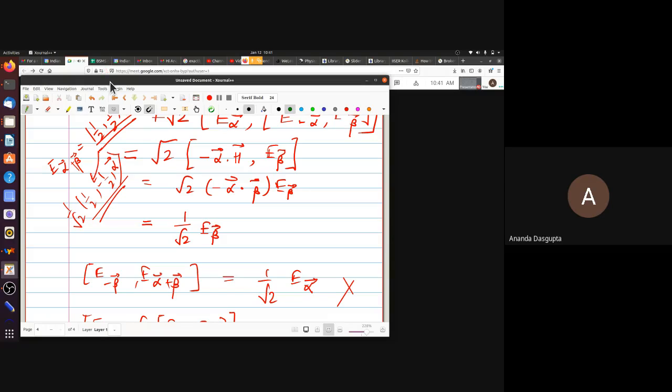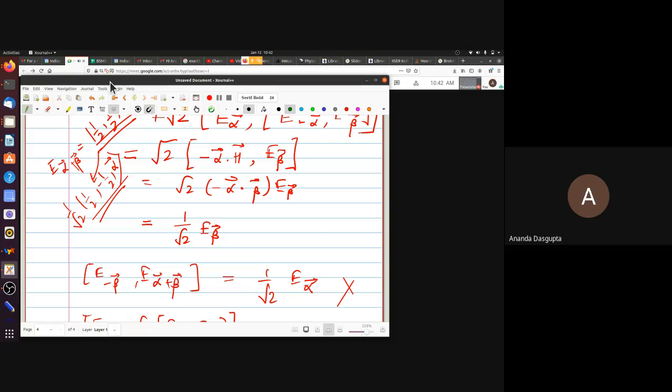And there I had a choice. I knew that the factor in front would have to have a magnitude of 1 by root 2. But that the factor has to be 1 by root 2 is a choice. When I chose that, I already made a phase choice. Once I've made the phase choice, E alpha plus beta is given.